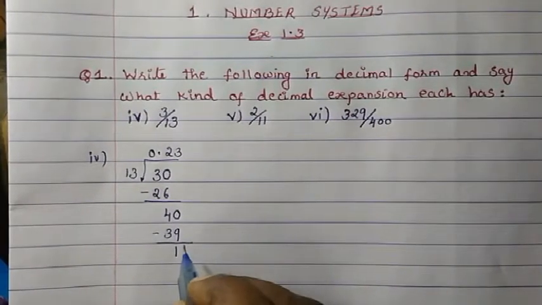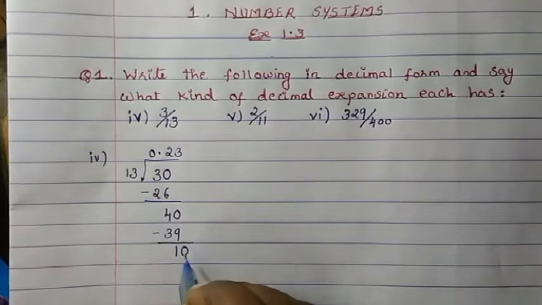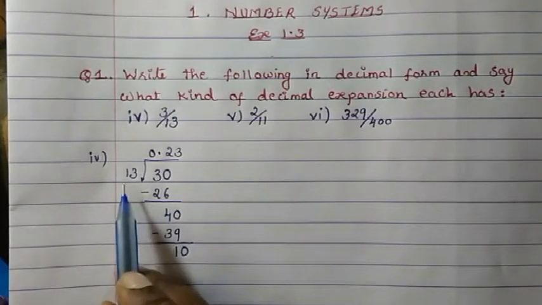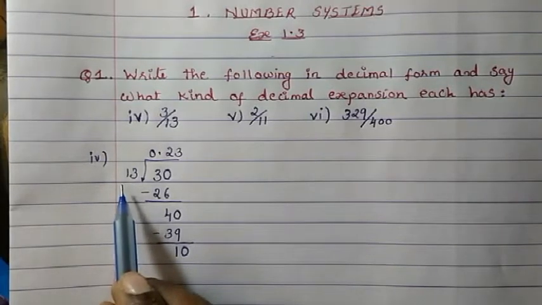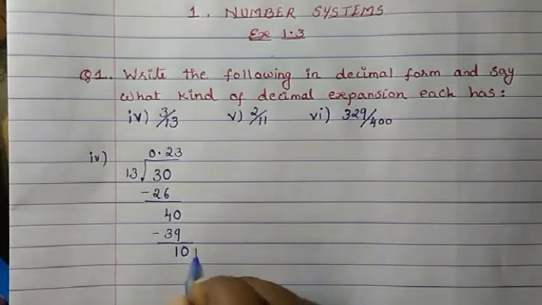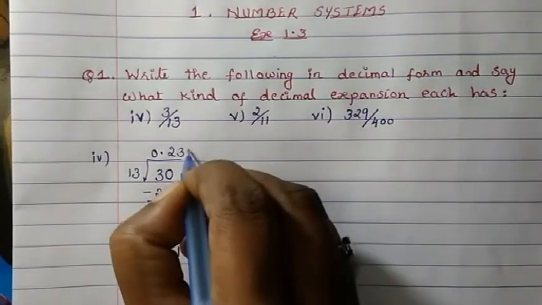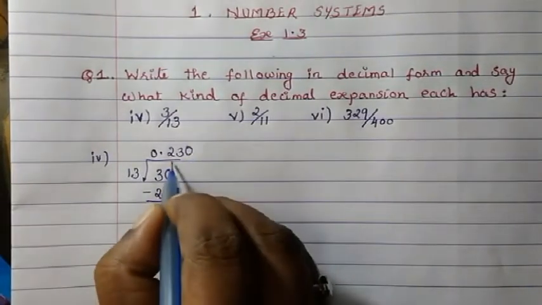Then we add a 0 as per division rule. But still, when we added a 0, it is a smaller number. The divisor is the bigger number. Therefore, we can't divide, so we have to add one more 0 here.